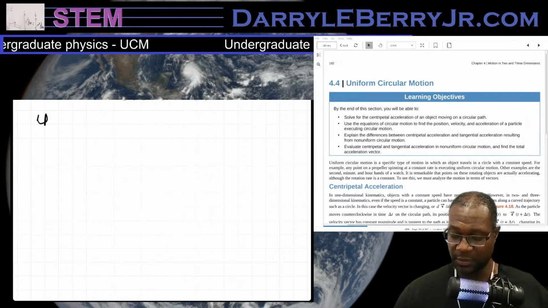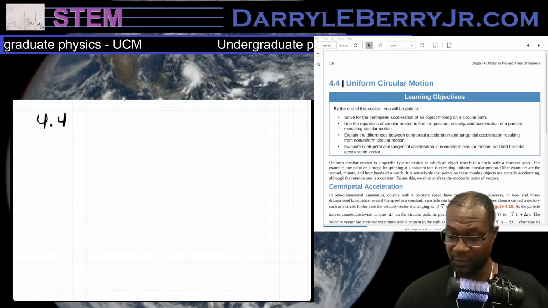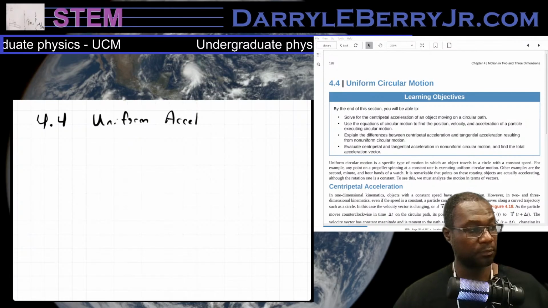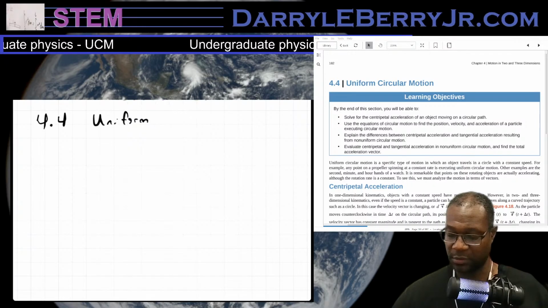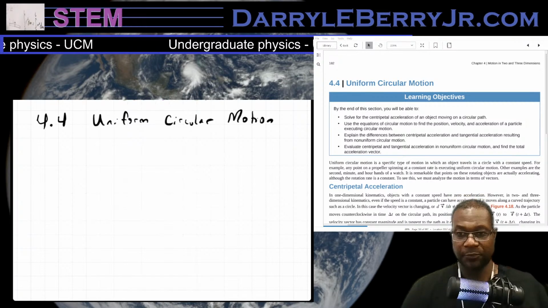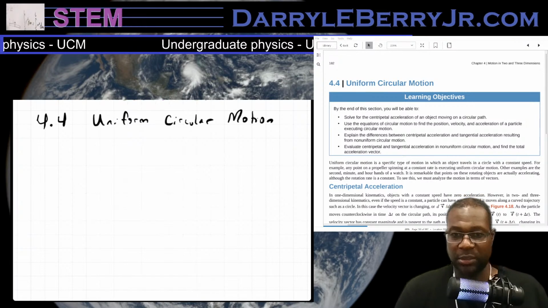Section 4.4, uniform circular motion. This is the chapter. Everything before this chapter I seem pretty clear on.